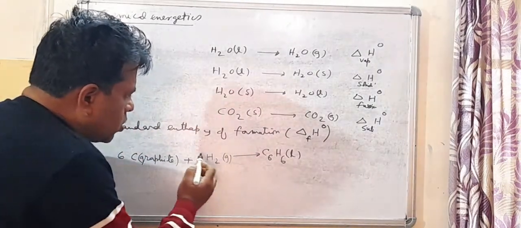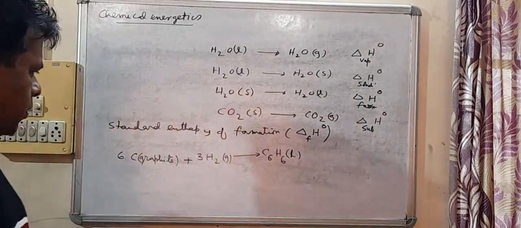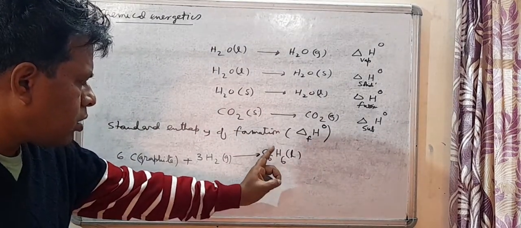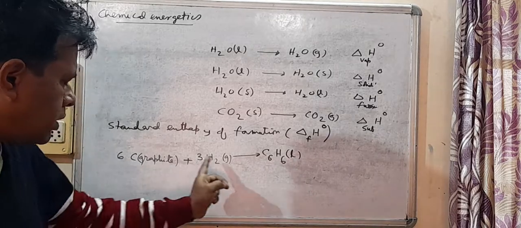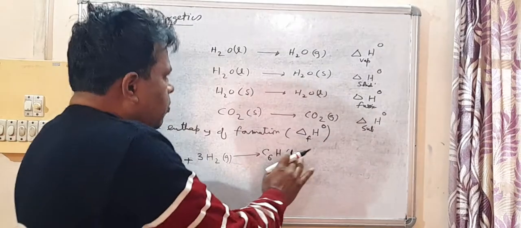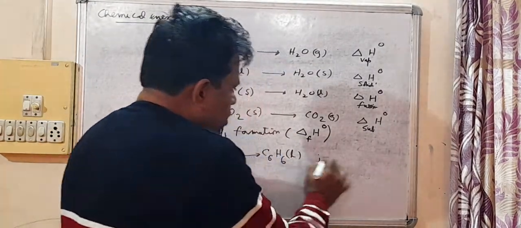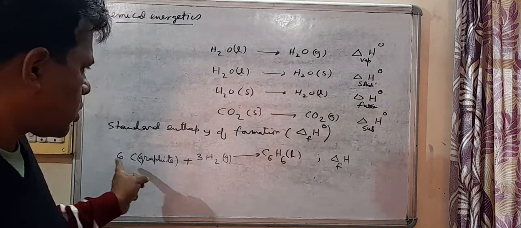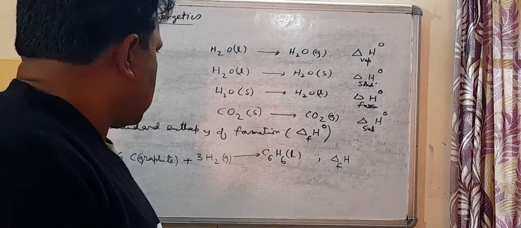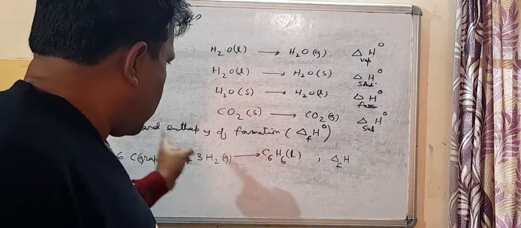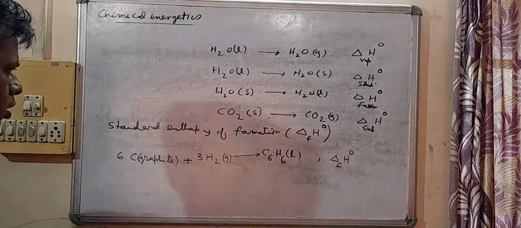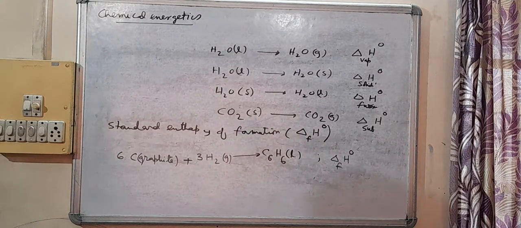Since it is 6 hydrogen, we write here 3. So you see 1 mole of benzene is being formed from its constituent elements, and the corresponding enthalpy change that will happen is called the enthalpy of formation. If it is happening at standard condition, then it is called standard enthalpy of formation of benzene.